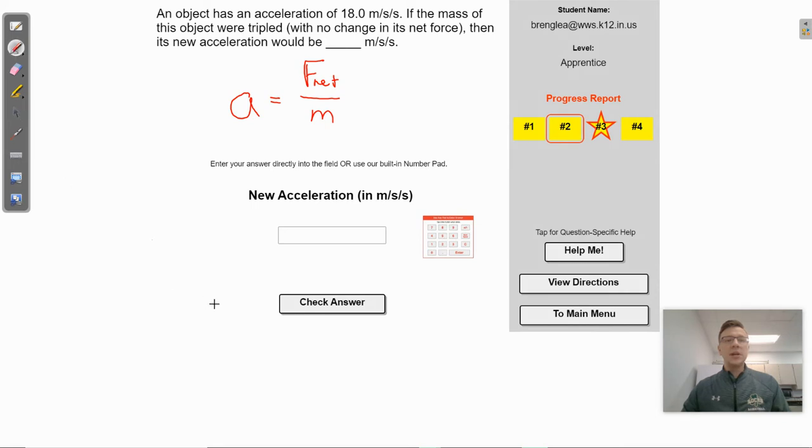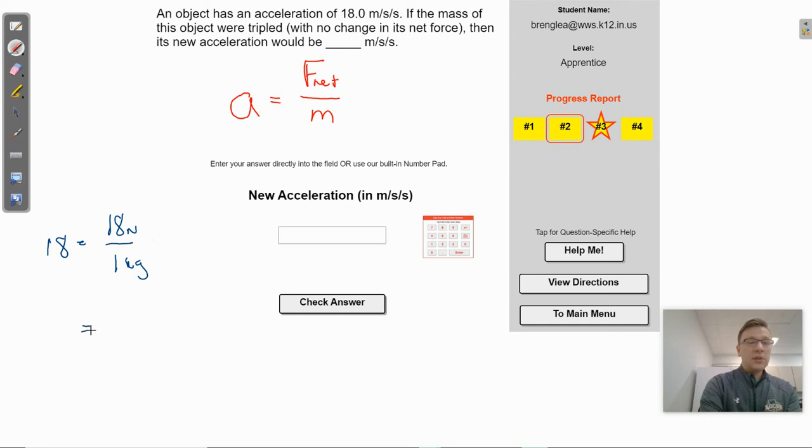It says an object has an acceleration of 18 meters per second squared. Again, we could do the same thing. We could say 18 is equal to 18 newtons divided by 1 kilogram. It says if the mass of this object were tripled with no change to the net force, then its new acceleration would be.